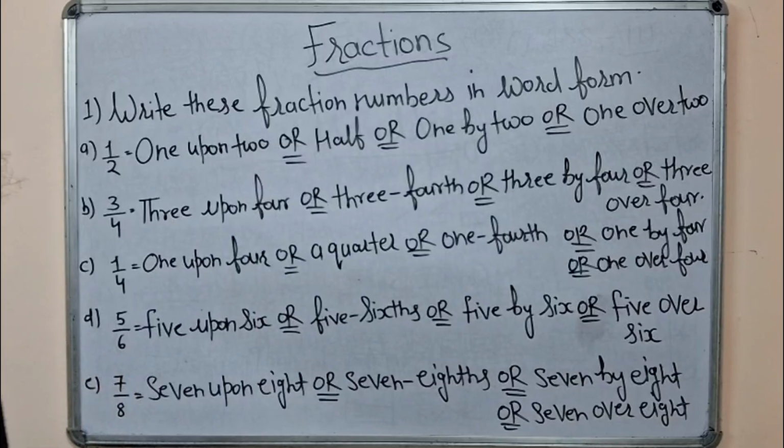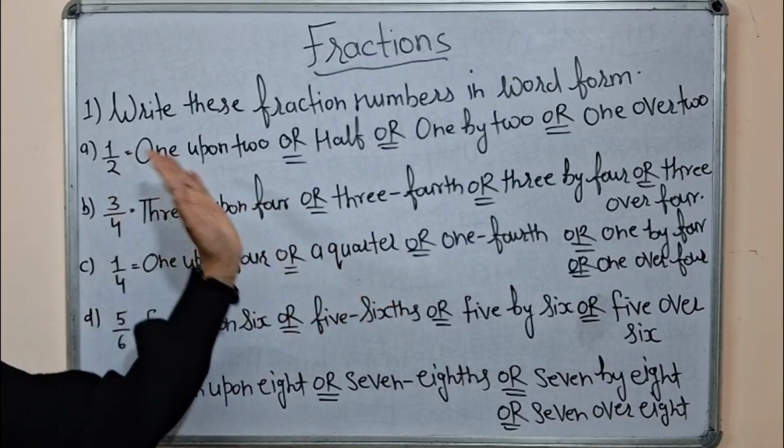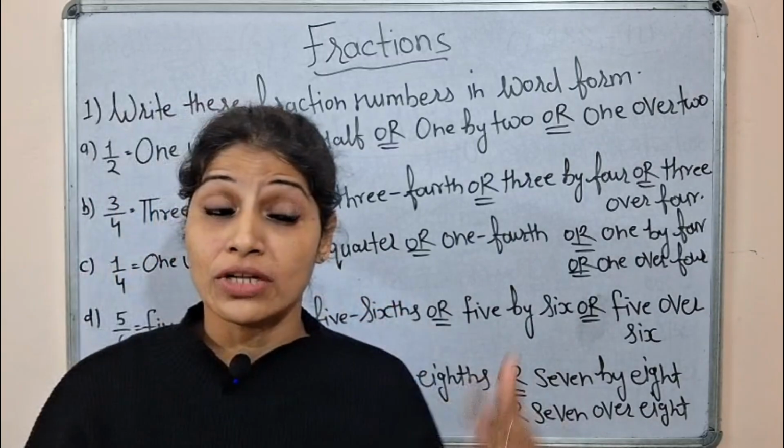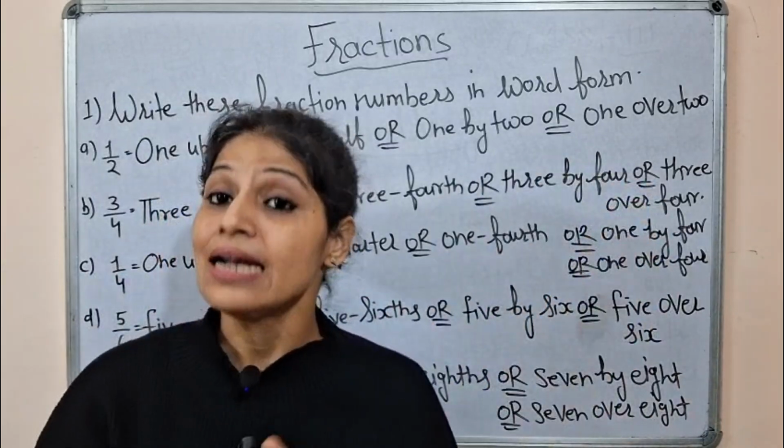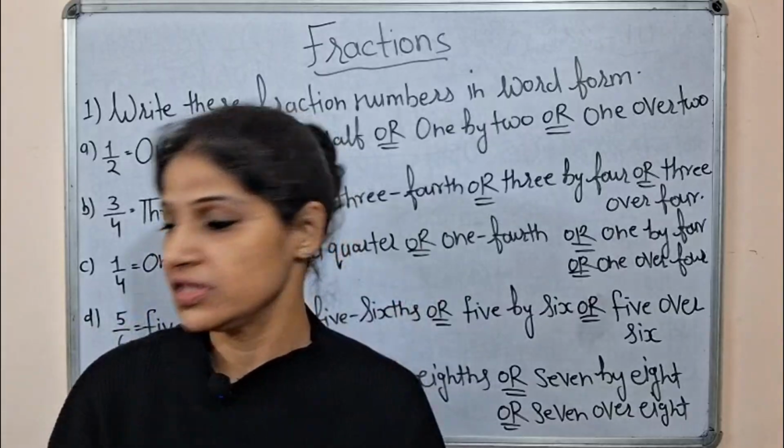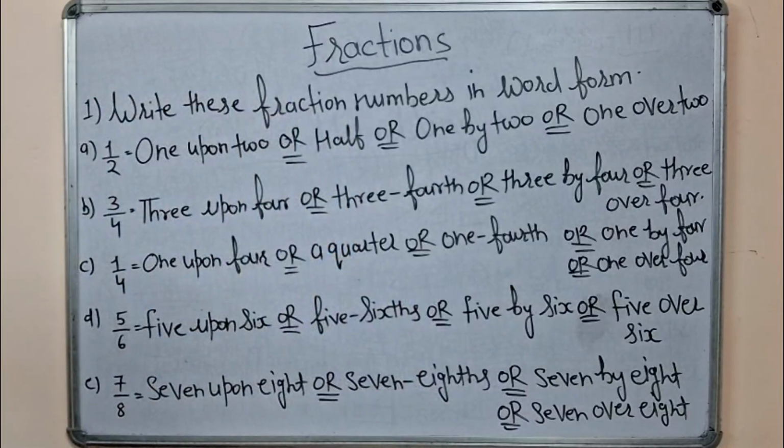Now after learning this, we will move to the next topic, that how we will get to know which fraction number is bigger, which part is bigger. So for that we need to follow certain rules. Okay, so let's do that.